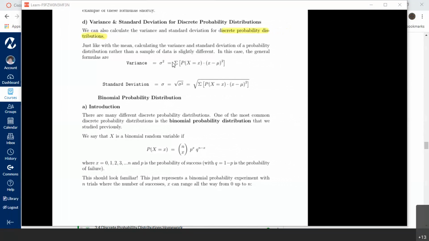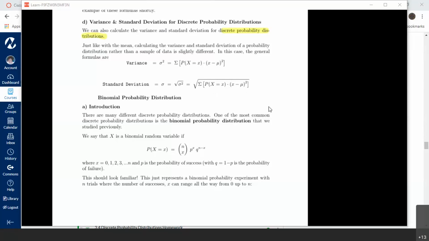That gives you the variance. And then remember, standard deviation is just the square root of the variance. So if you've got to figure out the standard deviation of a probability distribution, here's the formula to use: probability times the deviation of that outcome from the mean, squared.